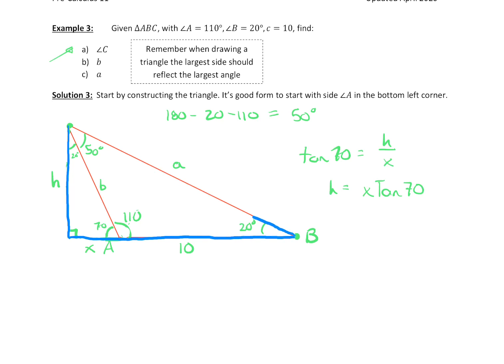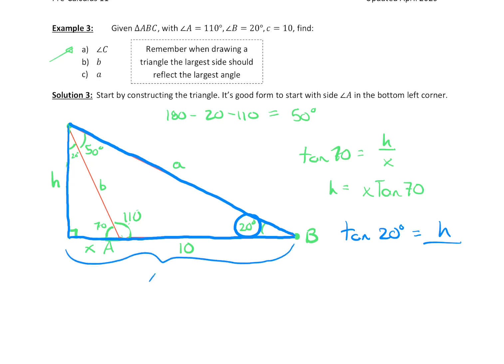You've created this massive right angle triangle where tan of 20 is equal to h over this distance, which is x plus 10. Now that might seem weird, but that means x plus 10 times tan 20 equals h. So now again, you have two equations equal to the same thing.